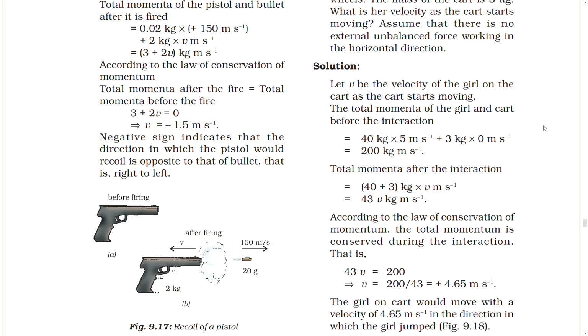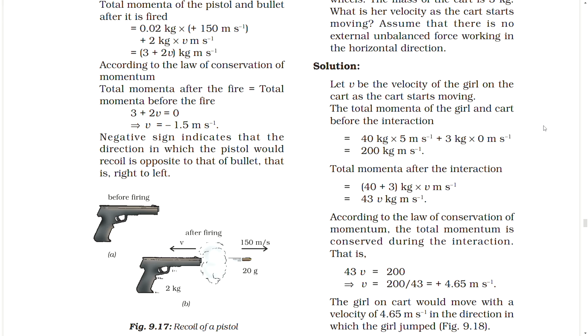Solution. Let v be the velocity of the girl on the cart as the cart starts moving. The total momentum of the girl and cart before the interaction equal to 40 kg into 5 meter per second plus 3 kg into 0 meter per second equal to 200 kilogram meter per second. Total momentum after the interaction equal to (40 plus 3) kg into v meter per second equal to 43v kilogram meter per second.